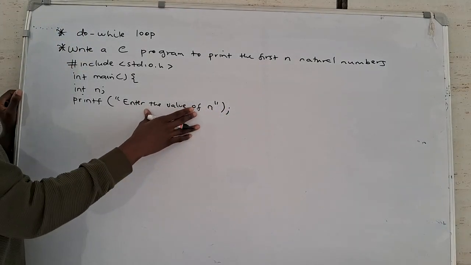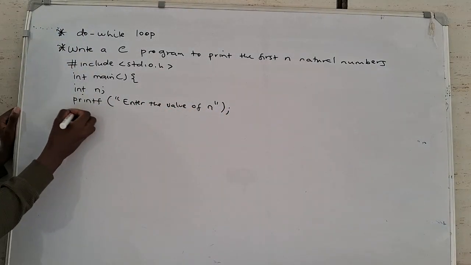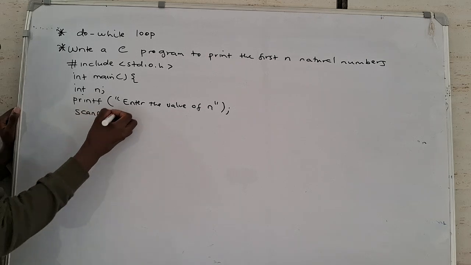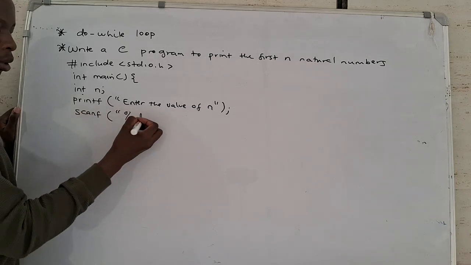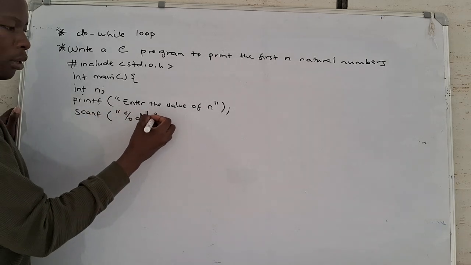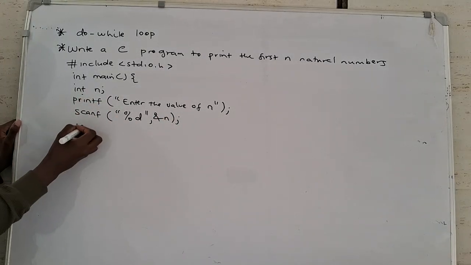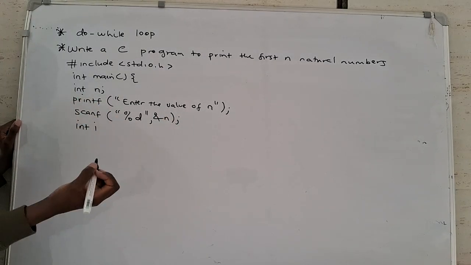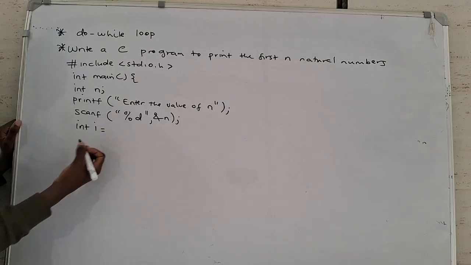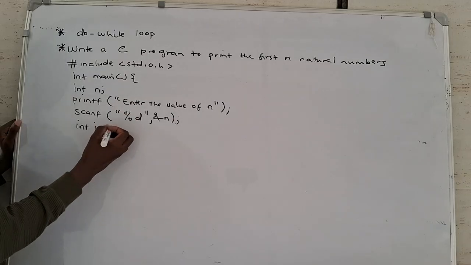How many natural numbers do you want to print? Okay, now scanf percentage d, ampersand n. It's okay. Now I'm going to say int i. Okay, suppose i is equal to 0.